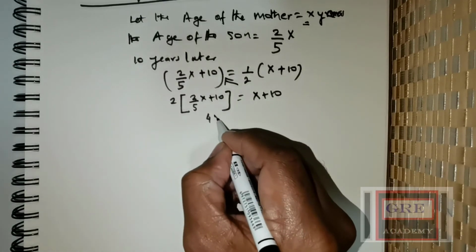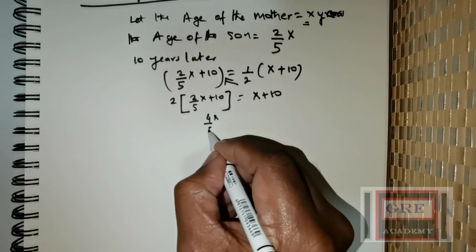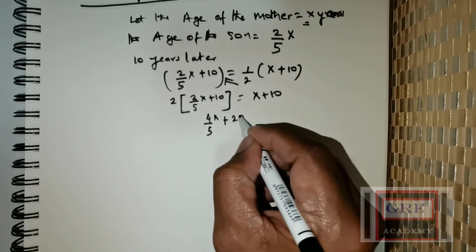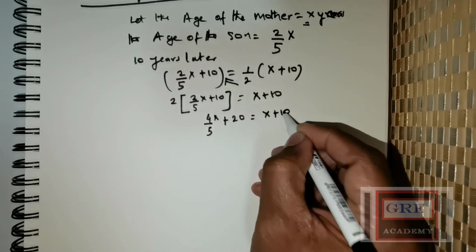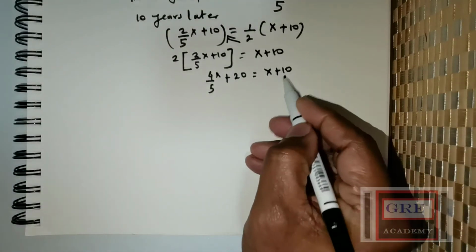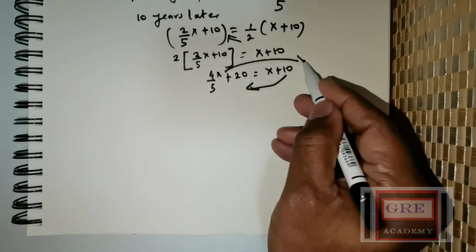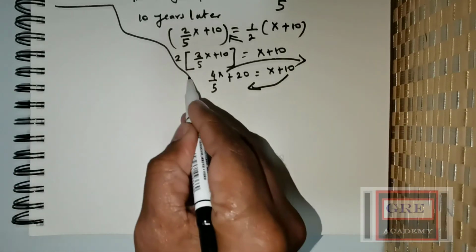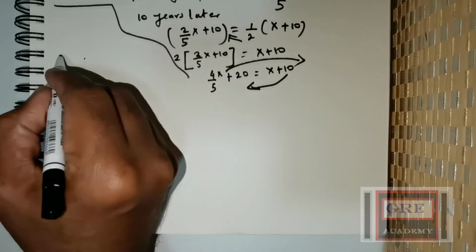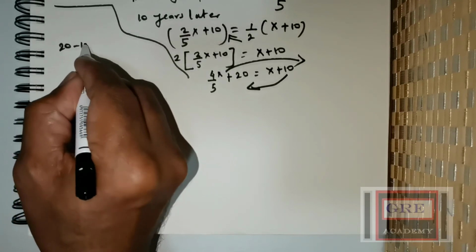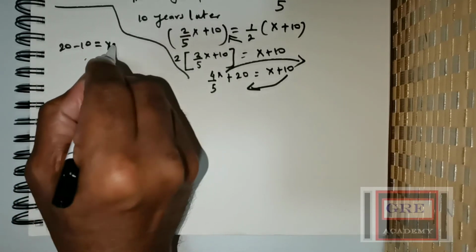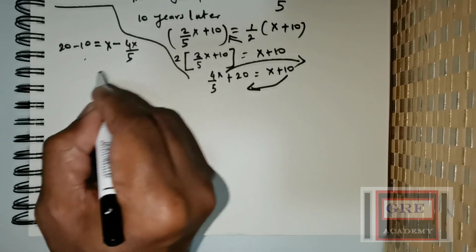This would give me 4 times x over 5 positive 20 is equal to x positive 10. I'm moving 10 to the left and 4x over 5 to the right. So that would give me, I'm using the space here, 20 negative 10 is equal to x negative 4x over 5.